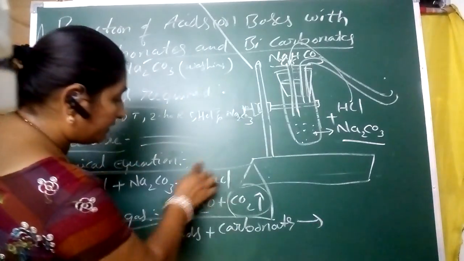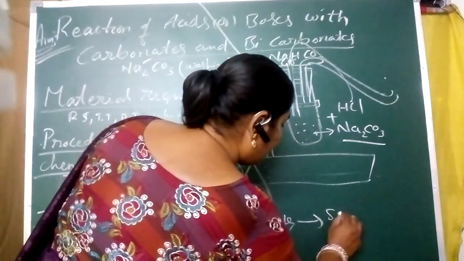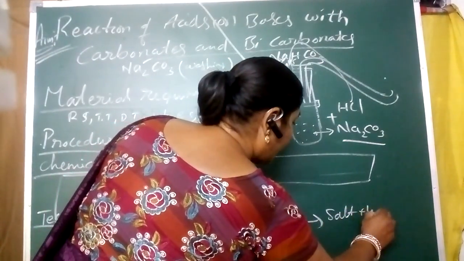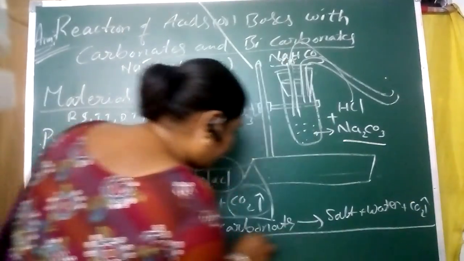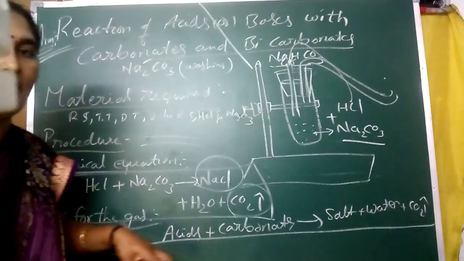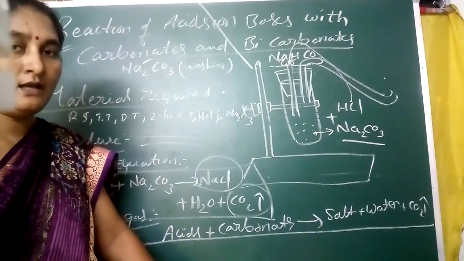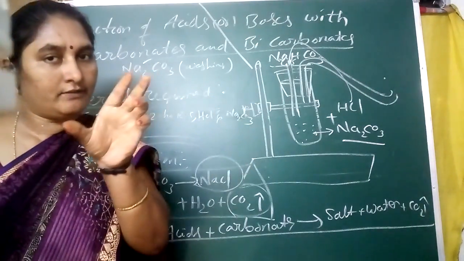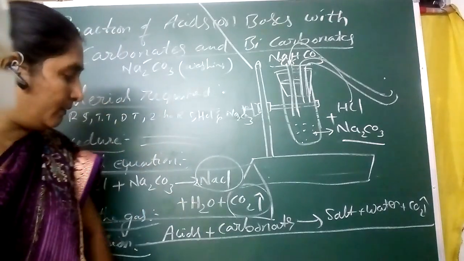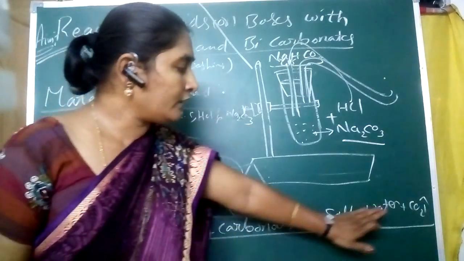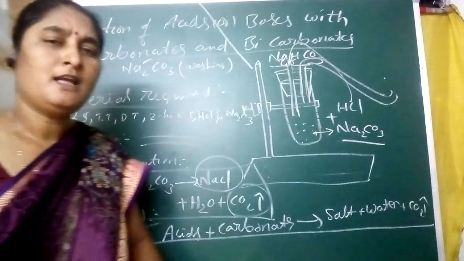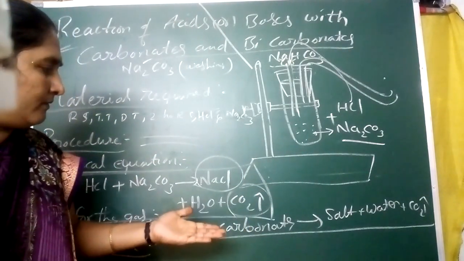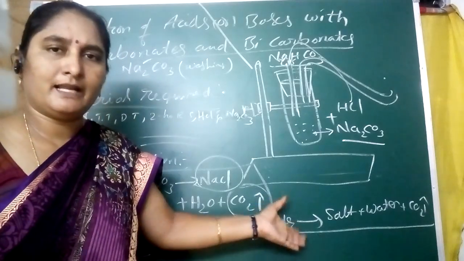See, salt. NaCl is the salt, no? Salt plus water plus carbon dioxide will be formed. This is the conclusion for this experiment that you have to write. Okay? When acids react with carbonates, salt, water and carbon dioxide will be formed. This is the conclusion.